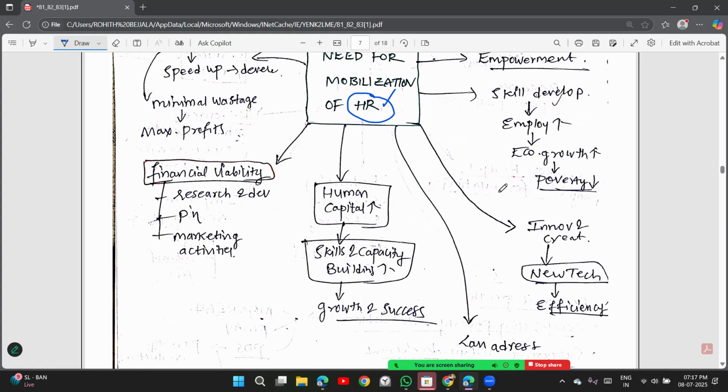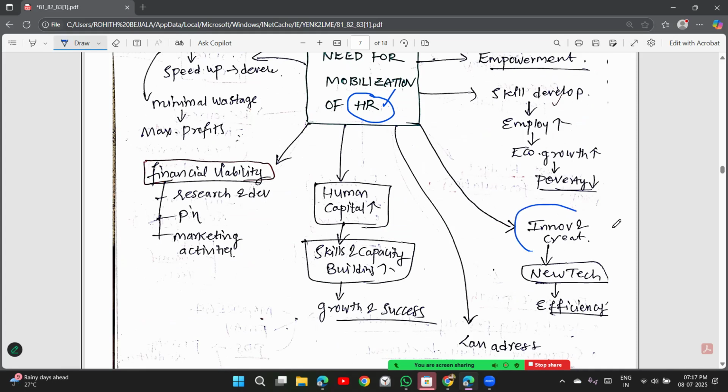Because of that, it will increase economic growth, and if everybody has a job, then poverty levels eventually decrease.